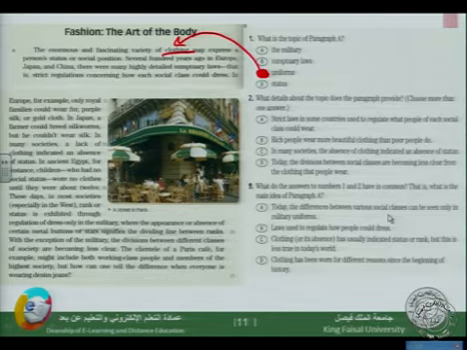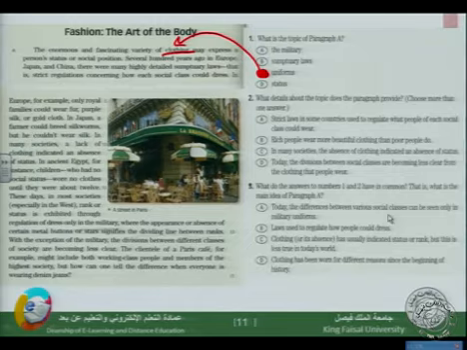With the exception of the military, the divisions between different classes of a society are becoming less clear. The clientele of a Paris cafe, for example, might include both working class people and members of the highest society. But how can one tell the difference when everyone is wearing denim jeans?